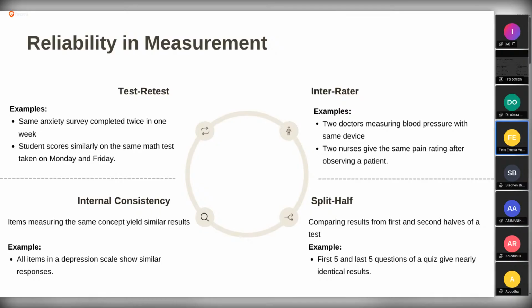Later they fill in the same tool again. So if the participant fills the first tool and scores 80, and they fill the tool again the second time and score 30, it means that something is wrong with that tool. The tool is confusing. The tool is not clear. The tool is not measuring what it says it is. So the participant is actually struggling to understand the questions.